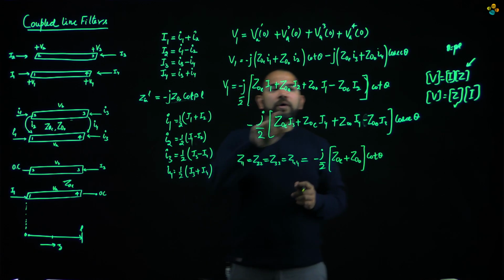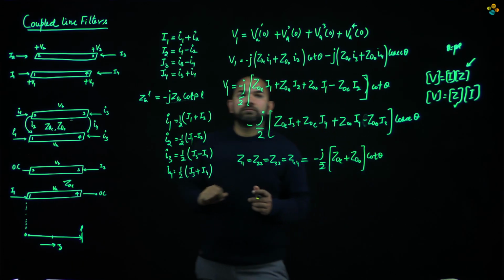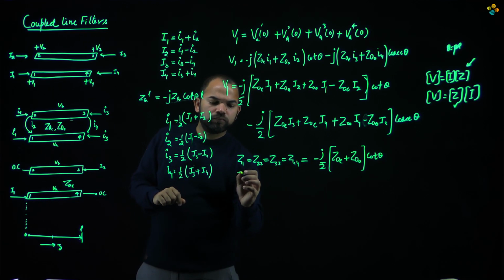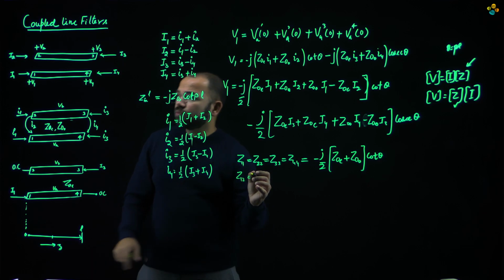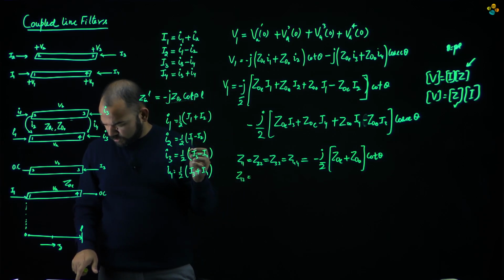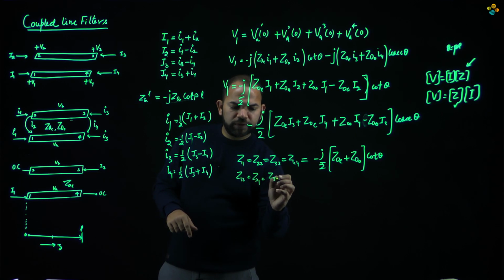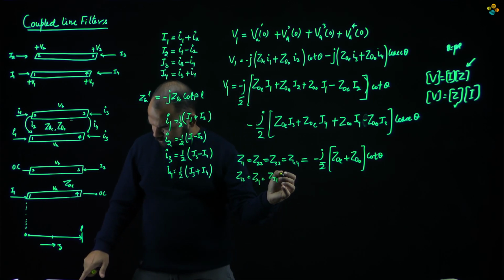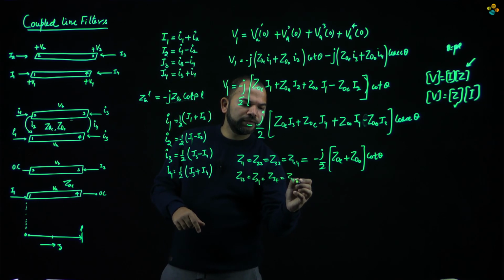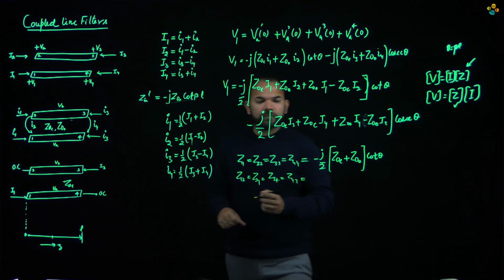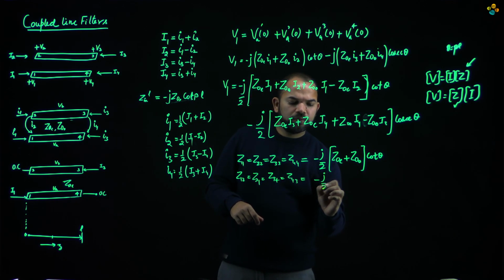Similarly, if we want to write, say, Z12, so Z12 is going to be equal to Z21, and what about 3,1, 3,4 and 4,3? They have the same relations. So this is going to be j/2.